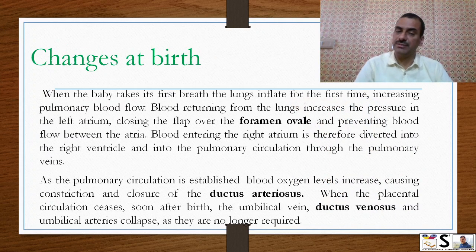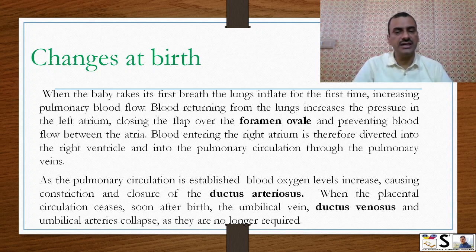Now, changes at birth. After birth, what changes take place in the circulation? When the baby takes the first breath and the lungs inflate for the first time, this increases the pulmonary blood flow, and blood returning from the lung increases the pressure in the left atrium, closing the flap over the foramen ovale and preventing blood flow between the atria.